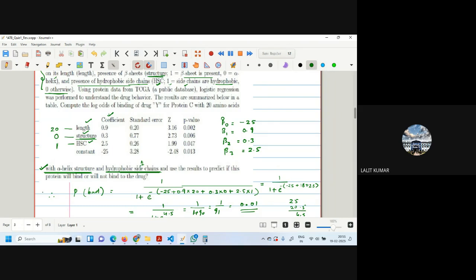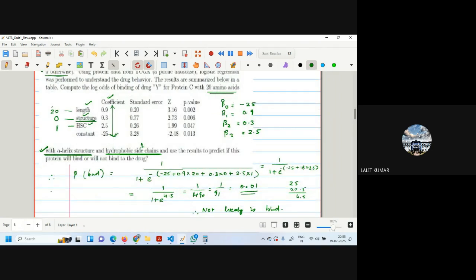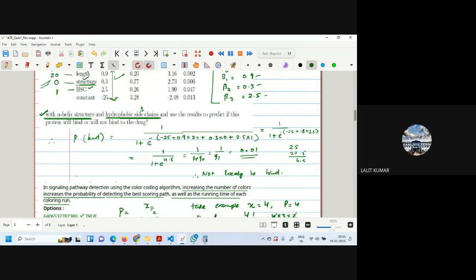Length they have given here is 20. So this is L, and these are the coefficients, the beta values. This is the constant. So we have to straight away fit the formula. We know the constant, beta 1, beta 2, beta 3 from here, and X values we get from here. Put it in the formula for logistic regression and we get the answer. The answer comes around 0.01. So a probability of 0.01 means unlikely to bind because it is less than 0.5. Is that okay?